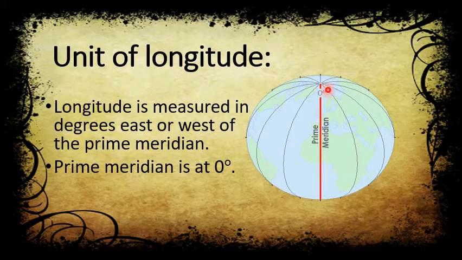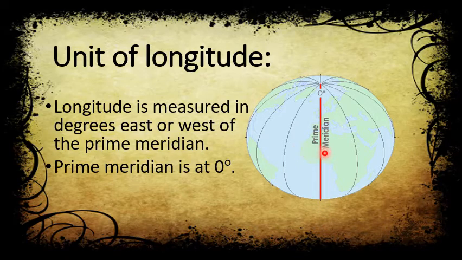As I told you, the lines that are traveling from one pole to another are called lines of longitude. Clear? Now, another thing we can see here, the line which is quite straight is called the prime meridian. All the lines are called lines of longitude or meridians, but the line which is quite straight is called the prime meridian.